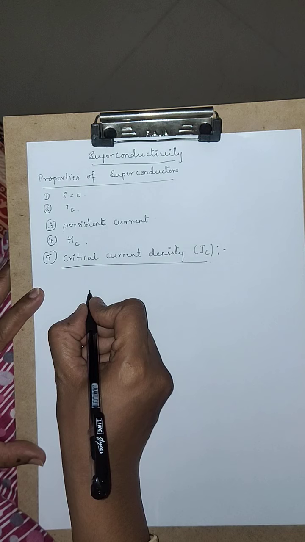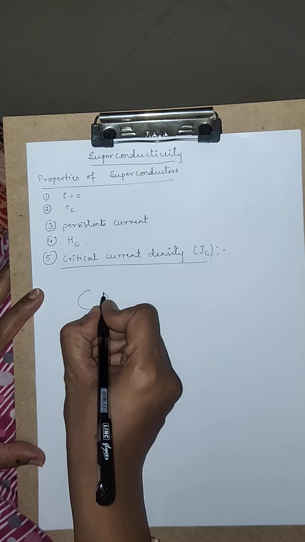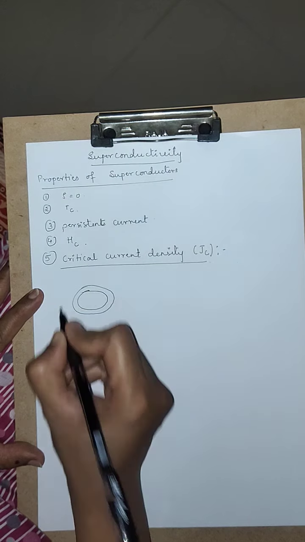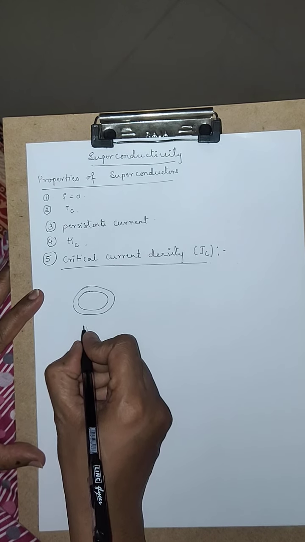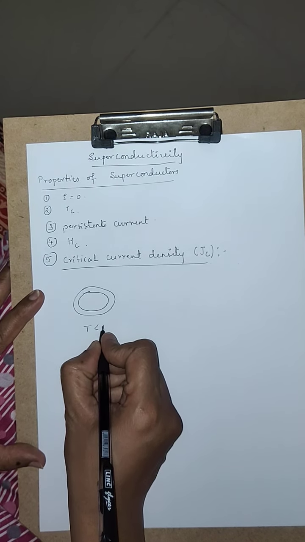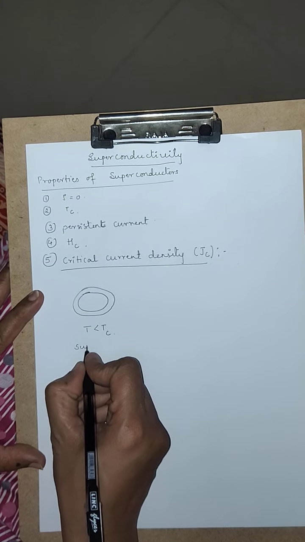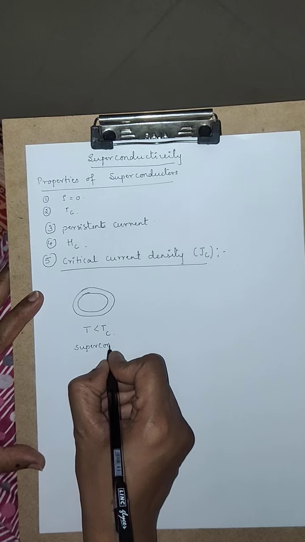Consider a superconducting material in the form of a ring. Let this ring be held at a temperature below the critical temperature, so it is in its superconducting state.